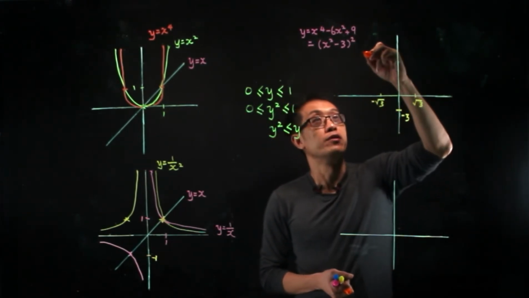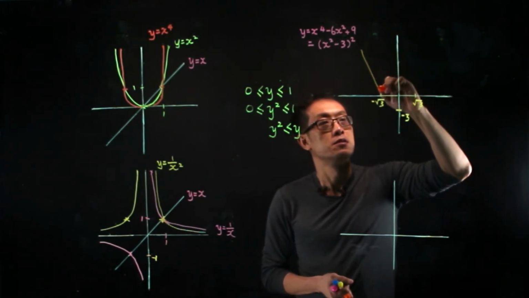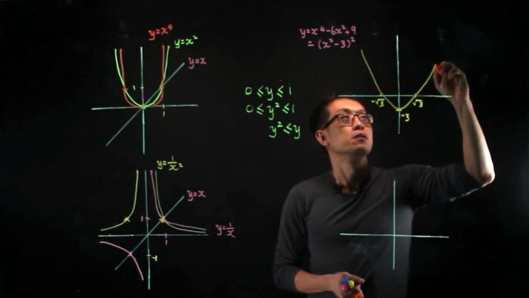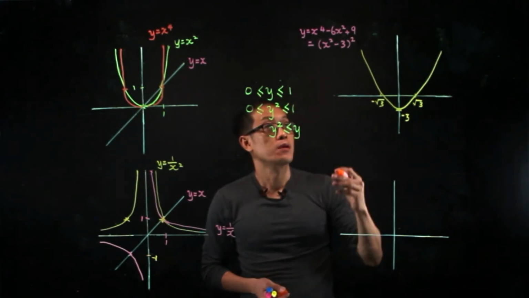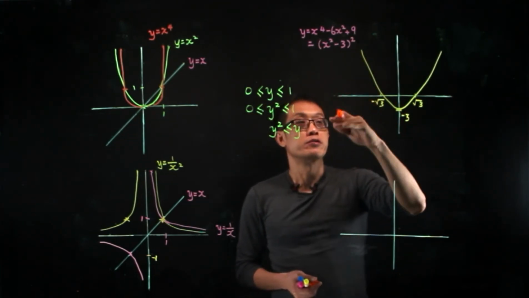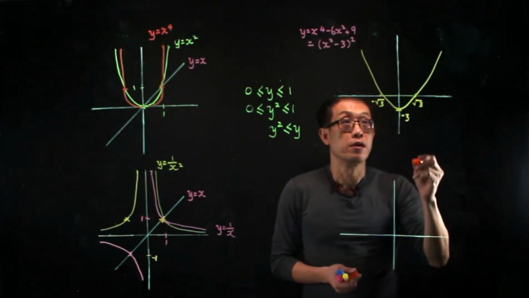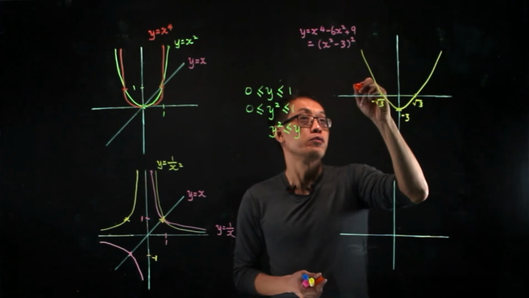So your graph will look something like this. Now next, we will try to square this function. Now assuming that y equals to 1 is somewhere here.